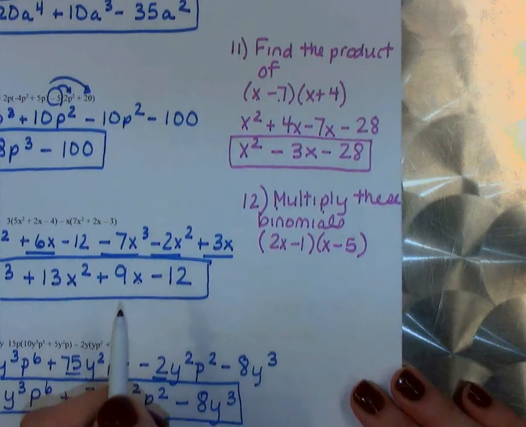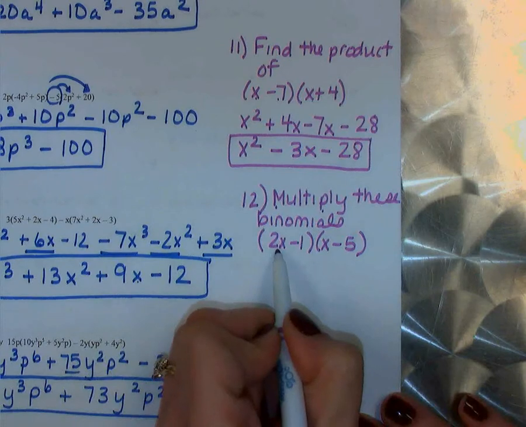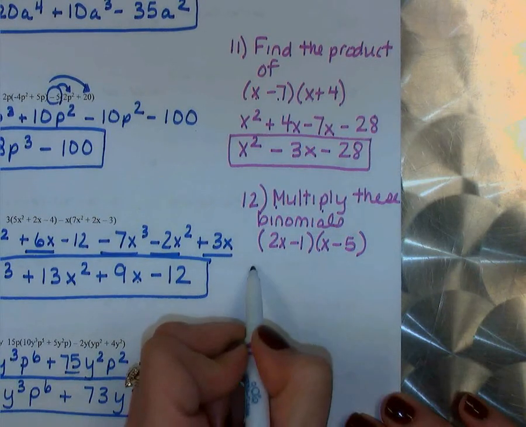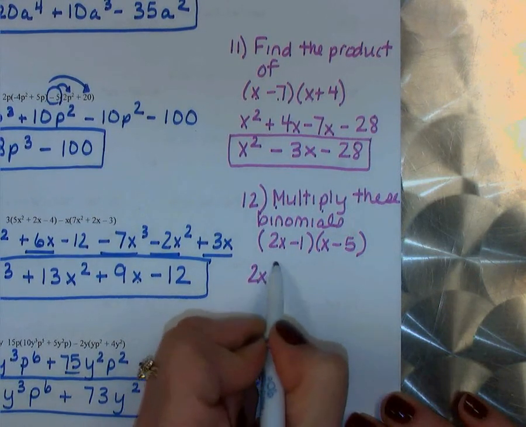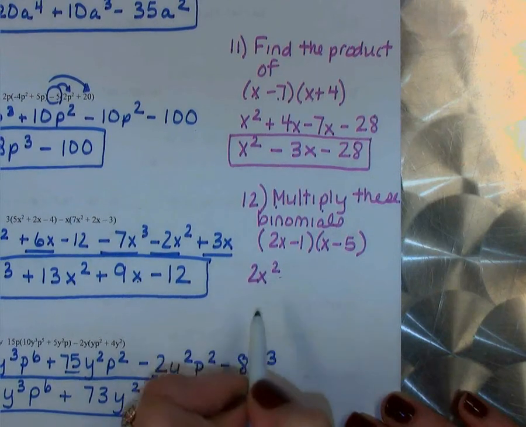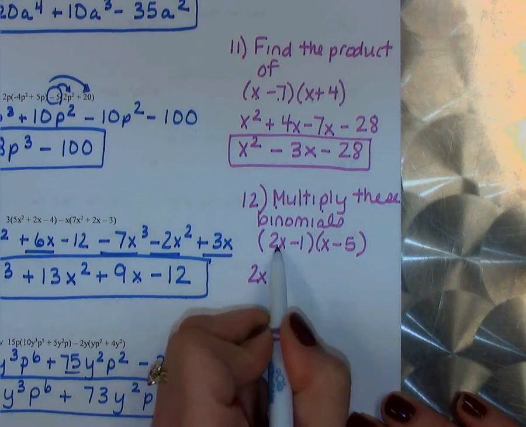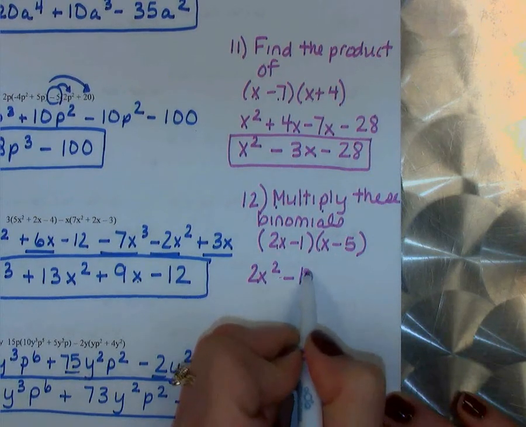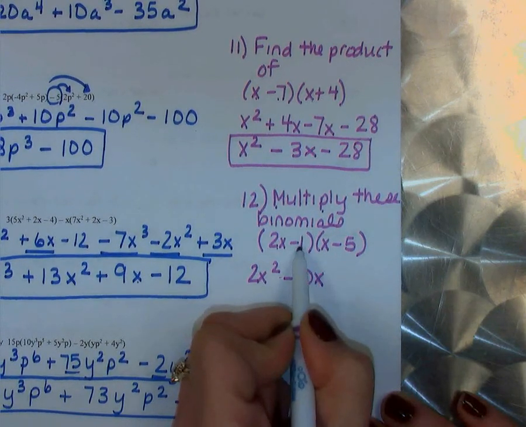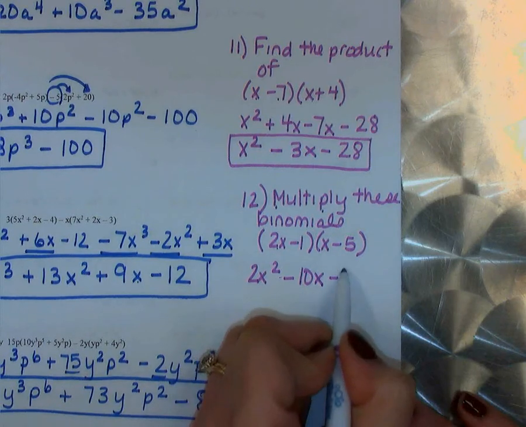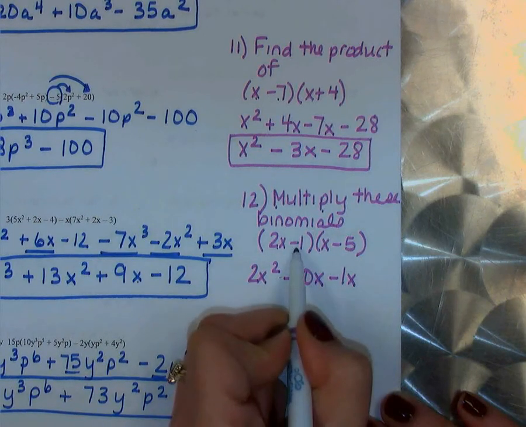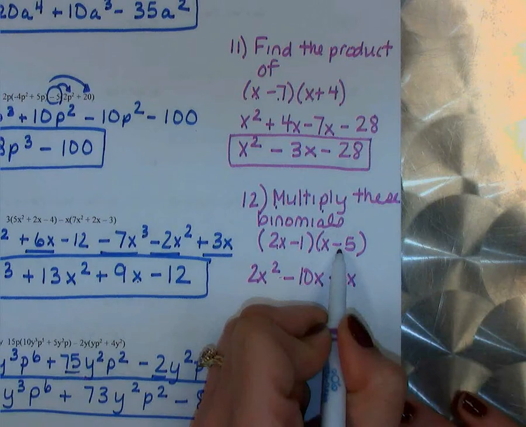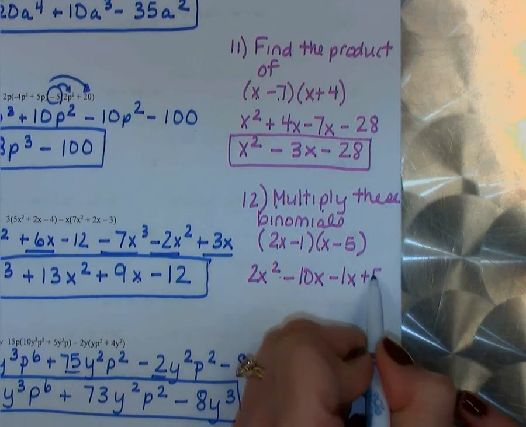So when I double distribute here, 2x times x gives us 2x squared. Pay attention, x times x is x squared. 2x times negative 5, negative 10x. Negative 1 times x, minus 1x. Negative 1 times negative 5, plus 5.